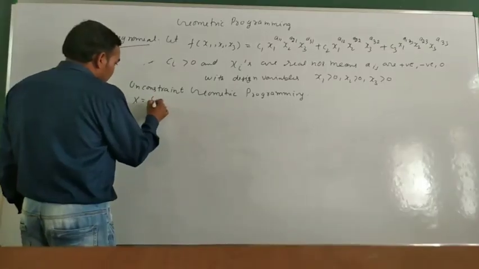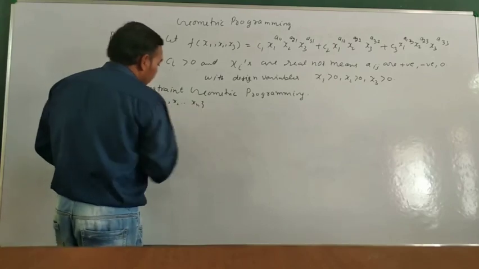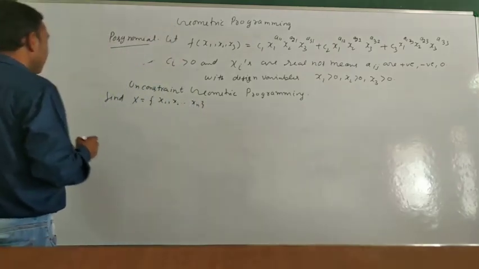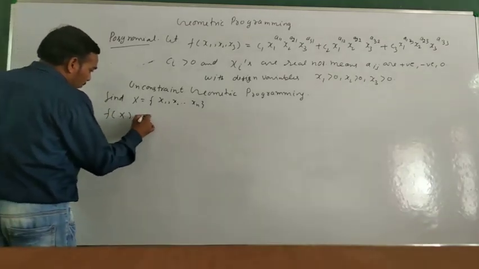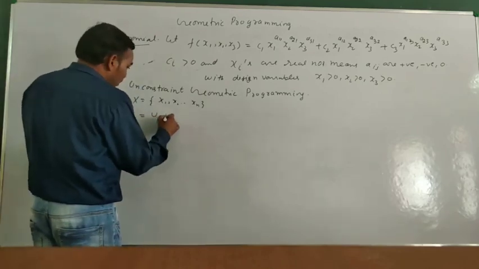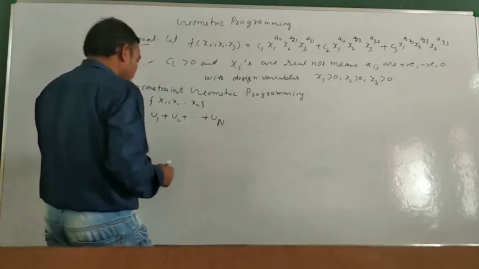Define x = (x1, x2, ..., xn) such that it minimizes the objective function f(x) equal to u1 plus u2 up to un.